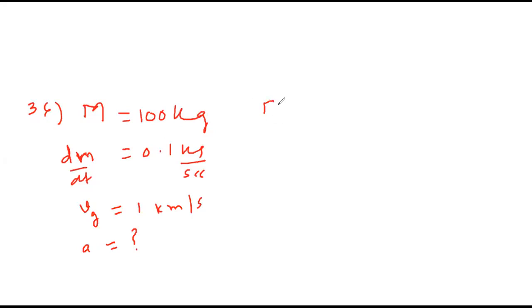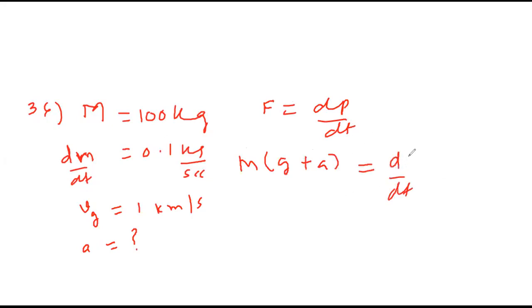So again, F for the rocket is rate of change of momentum, which is mass of rocket into g plus a, the net force acting on the rocket. This is d by dt of mass into velocity of the gas, which is giving upward thrust.